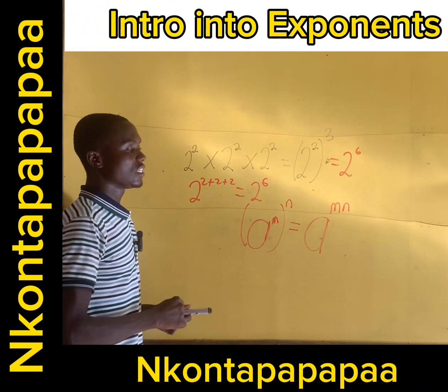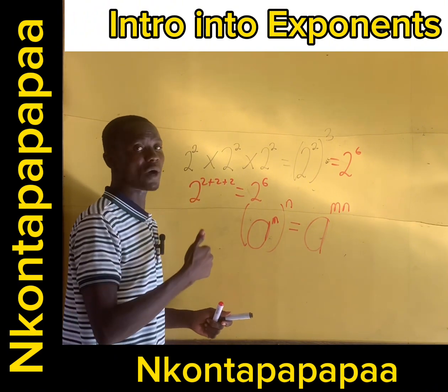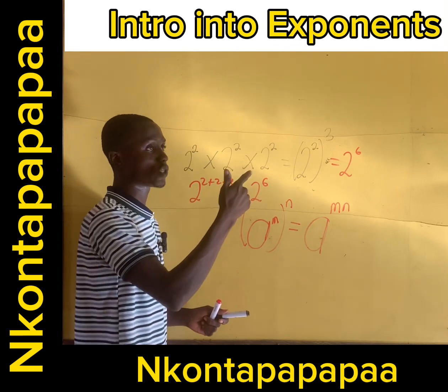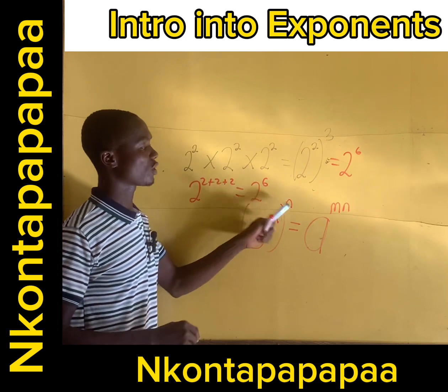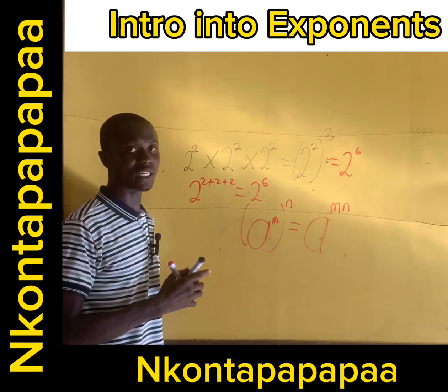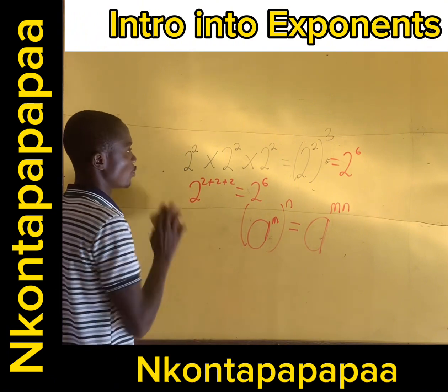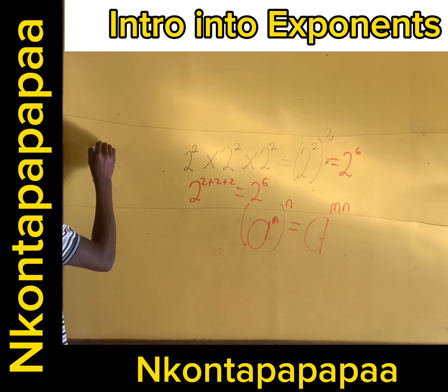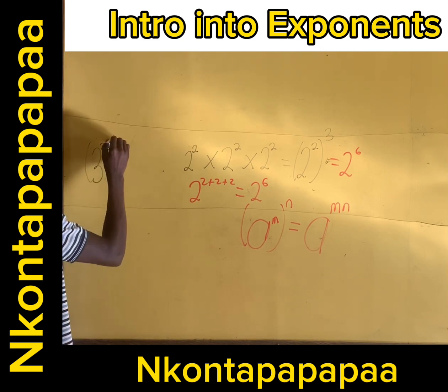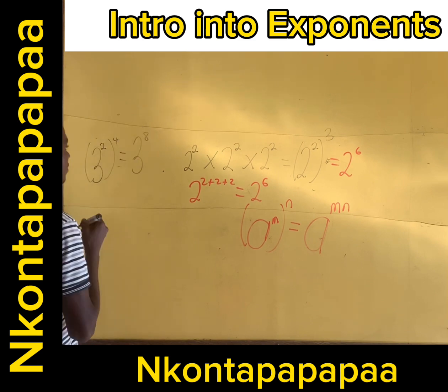And we said that if you raise a power to a power, you multiply the exponents together. This is an exponent being raised to another exponent, so you multiply the exponents together. If I have 3 exponent 2, exponent 4, then I'm having 3 exponent 8, that is 2 times 4, 8.